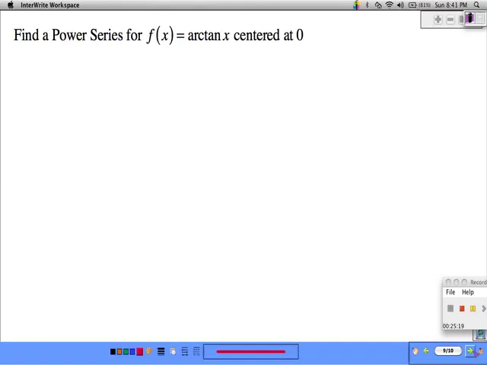And then you can write a power series for f of x being f of x squared. So you have 1 over 1 plus x squared, and that you can take the antiderivative of to get arctangent. I'd like you to try this one. This is one that we'll go through in class together and work out.